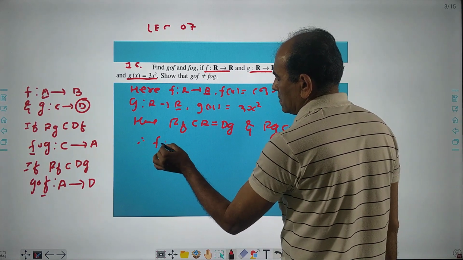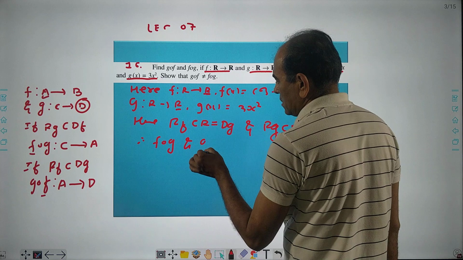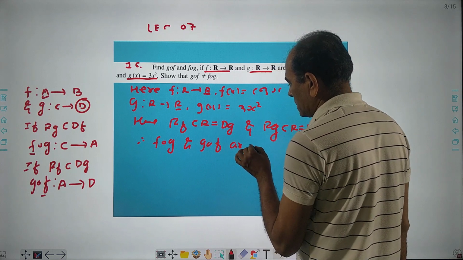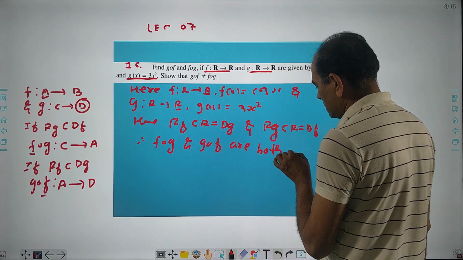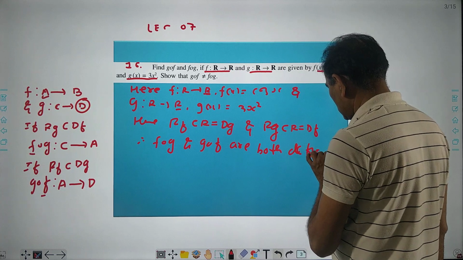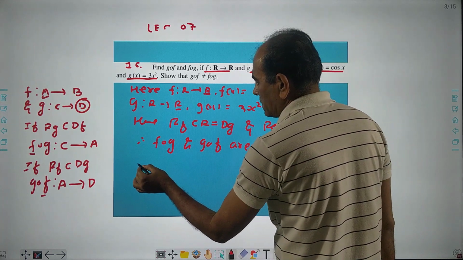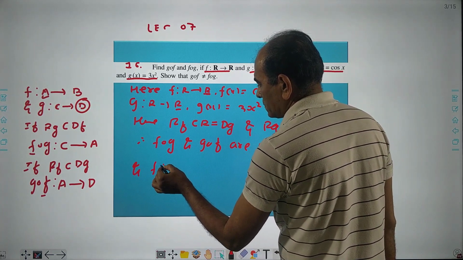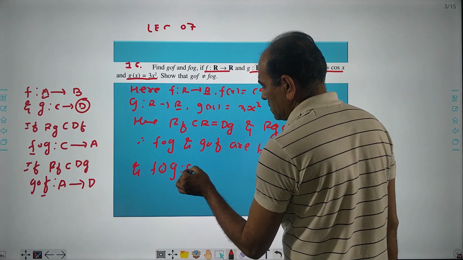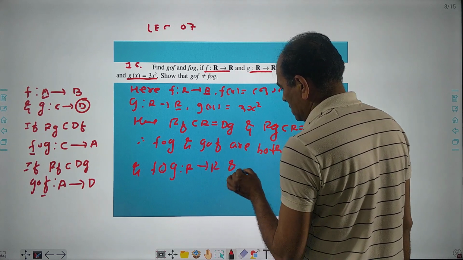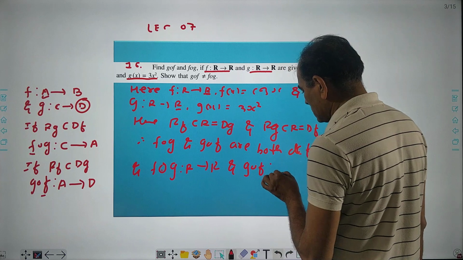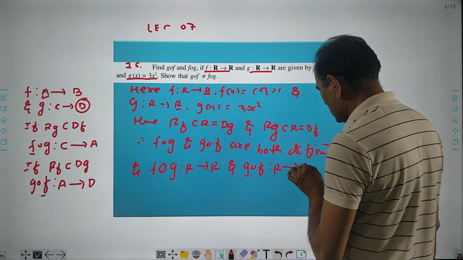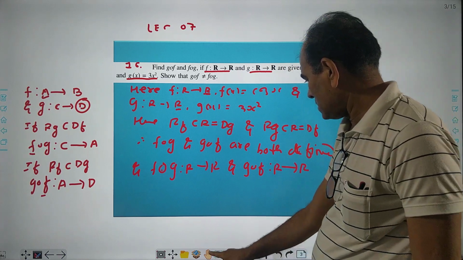Therefore f of g and g of f are both defined. f of g is from R to R, and g of f is also from R to R.